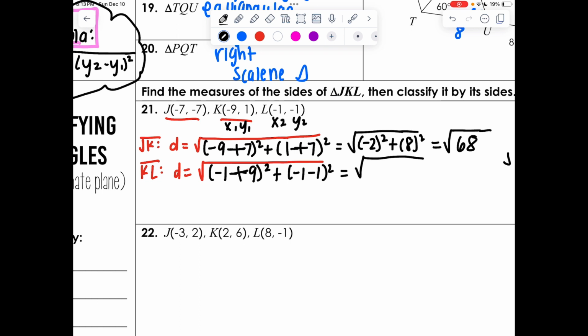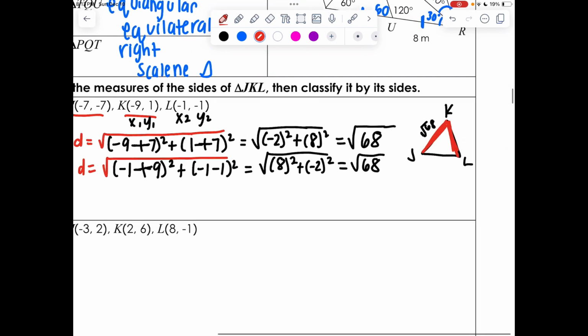Okay, so that's going to be 8 squared. By the way, if you're smart, unlike me, you can just plug all this in your calculator, which would be way faster. 64 plus 4 is 68. Oh, good. That means I did the math right. Okay, so that means that this is going to be the square root of 68.